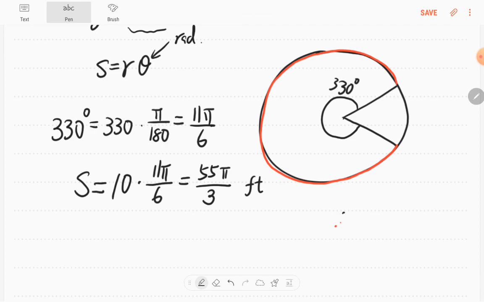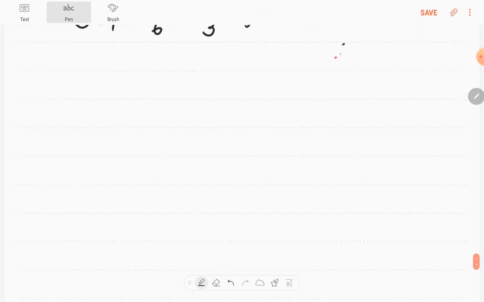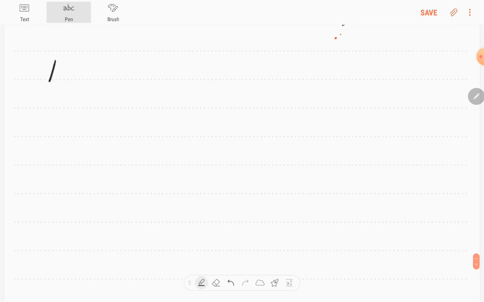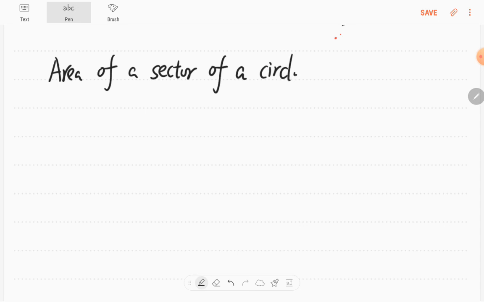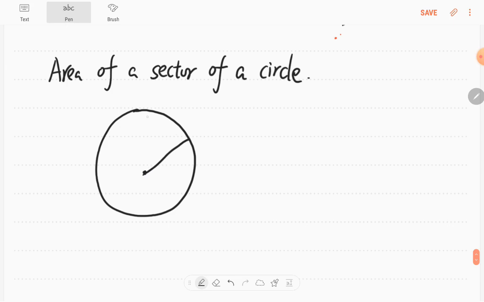Another application is the area of a sector of a circle. So if you have a circle here, and then you have this sector, central angle is theta, radius is r.